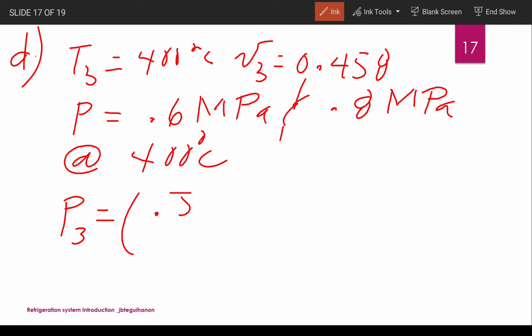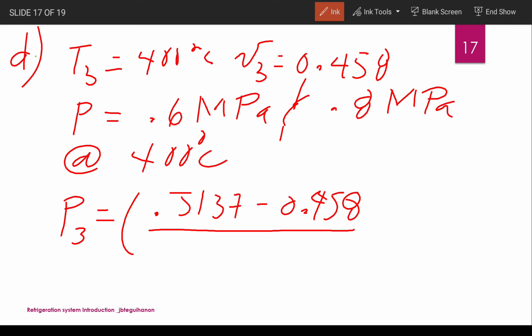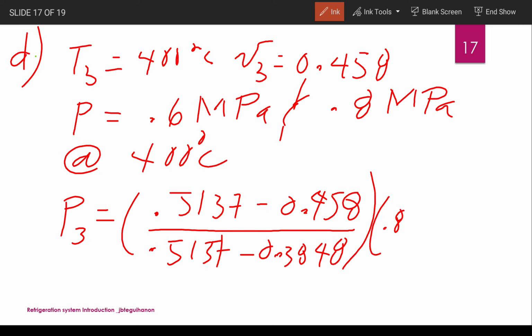So plug in the values from the superheated table: 0.458 minus 0.5137 over 0.3848 minus 0.5137, times 0.8 minus 0.6, plus 0.6.